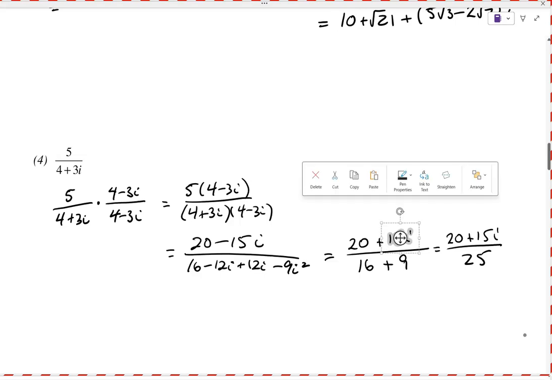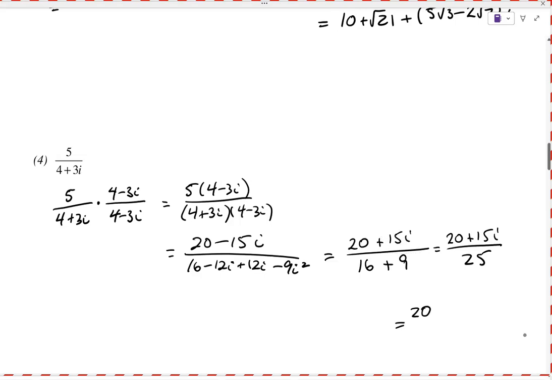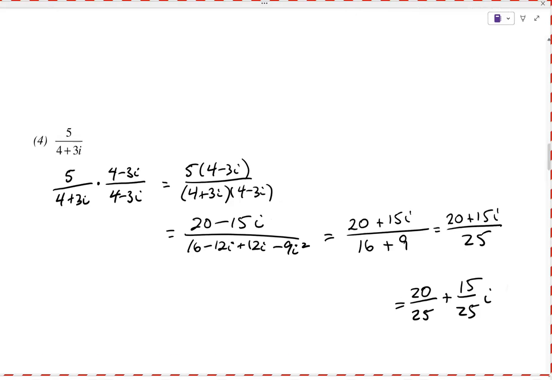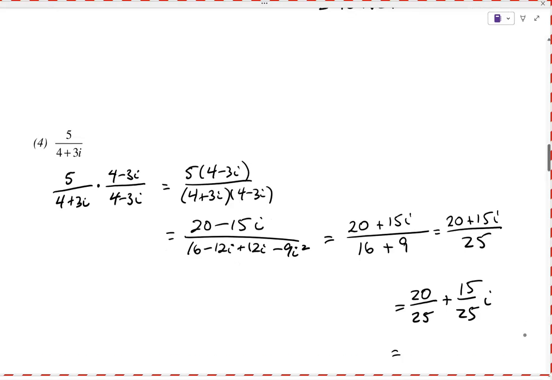Then again, for Hawks purposes, we should be able to split that up into standard form. So we get 20 over 25 plus 15 over 25 times i. Do those fractions reduce at all? Yeah, I can divide top and bottom by 5 in each of them, right? This one becomes 4/5, and this one becomes 3/5 i.